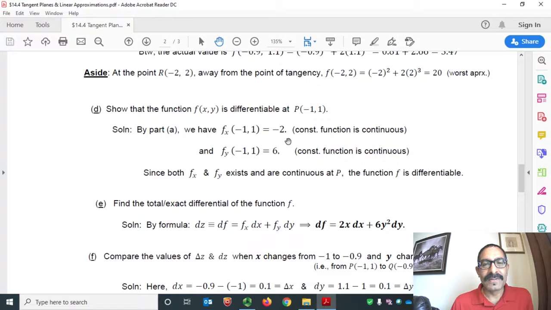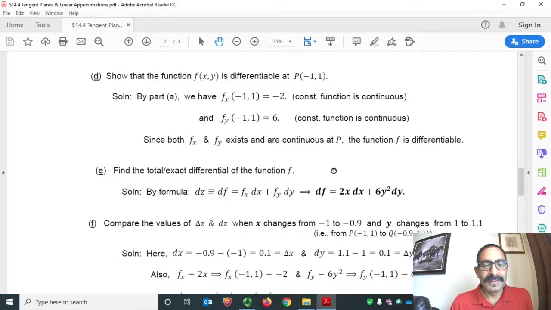So both of these values exist, and that means the partial derivatives exist at point P, and at the same time these are constants, so constant functions are continuous everywhere. So both fx and fy exist and are continuous everywhere, meaning continuous at P, so the function is differentiable. I hope this idea makes sense to you all.